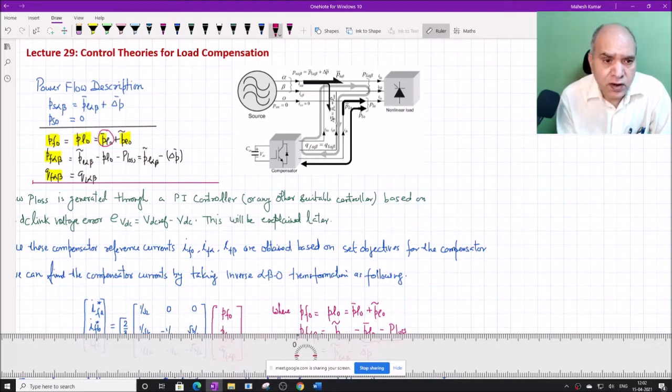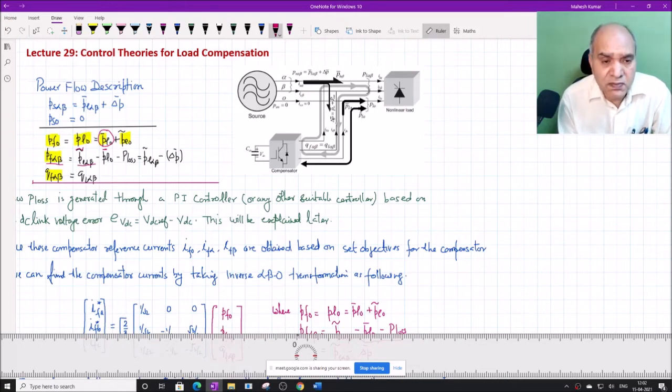So it is taken from the PF alpha beta term. PF alpha beta is PL alpha beta tilde, where tilde means the oscillating component of PL alpha beta, and minus PL0 bar. Bar means the power has to be taken from the source.